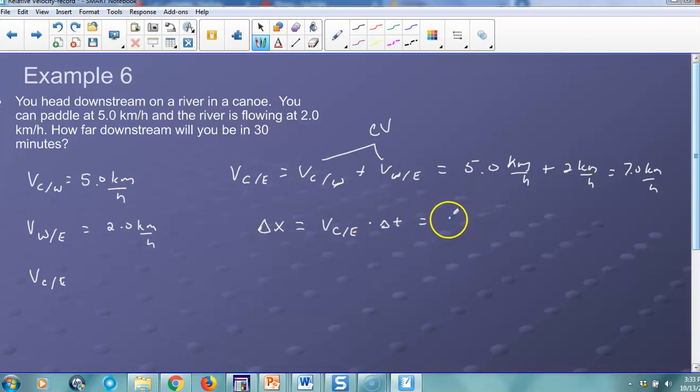Velocity of the canoe relative to the Earth is 7.0 kilometers per hour, multiplied by a time in hours of 0.50 hours, which is the 30 minutes. So that's going to be 3.5 kilometers downstream.